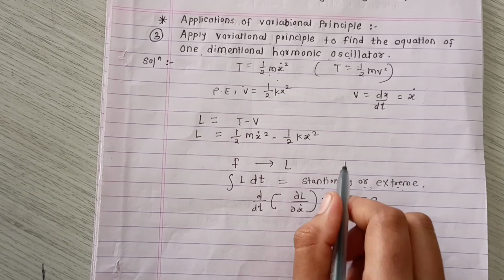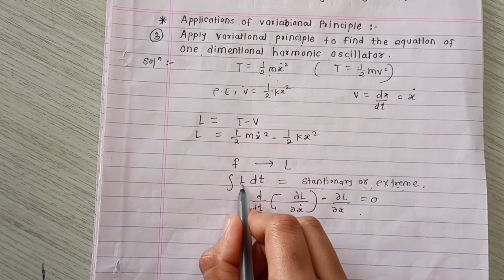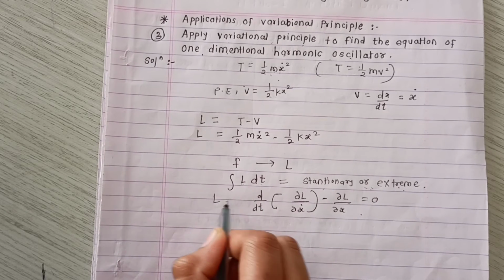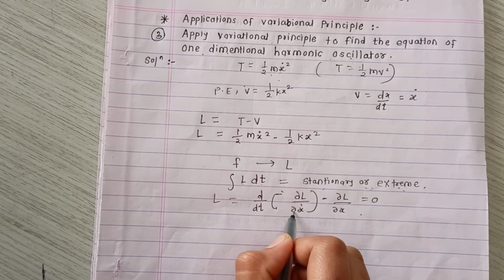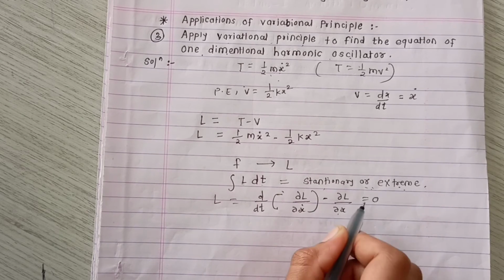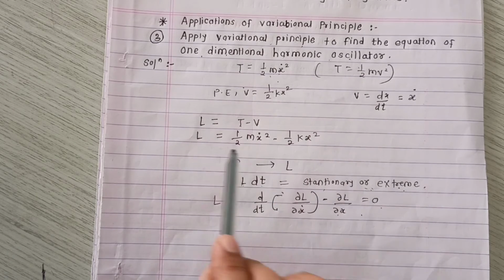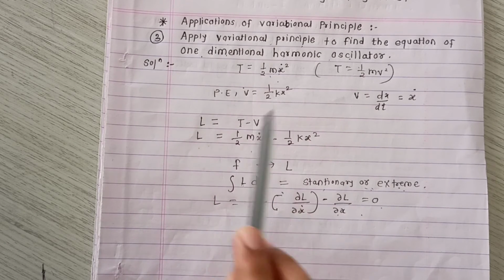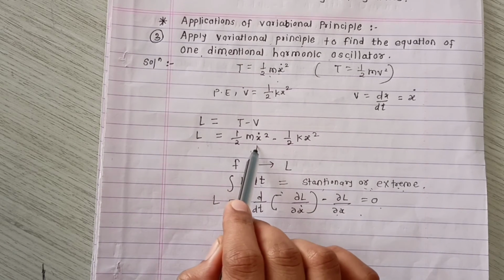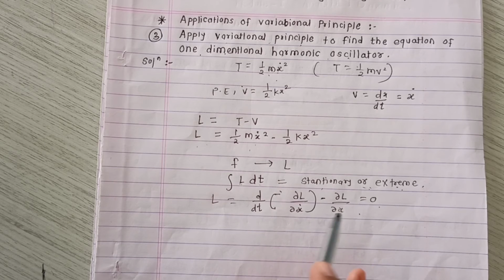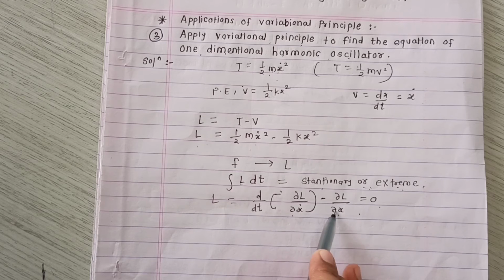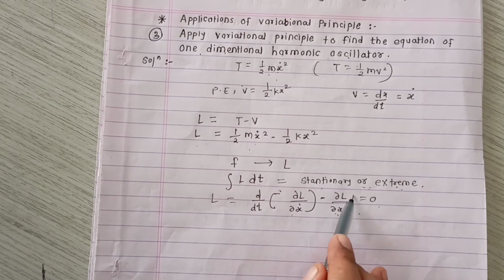So d by dt of (∂L/∂x dot) minus ∂L/∂x is equal to 0. For the one-dimensional harmonic oscillator we have the value of the Lagrangian. Then we take the derivative of the Lagrangian with respect to x and with respect to x dot, and we substitute these two terms in this equation.